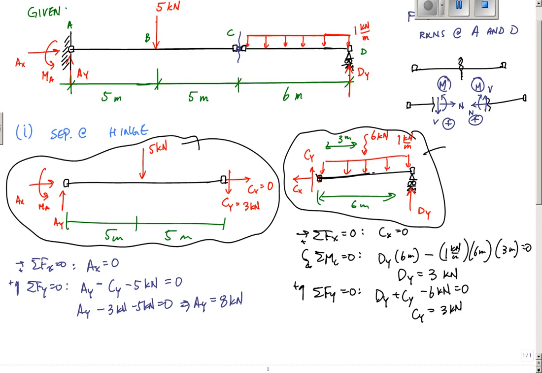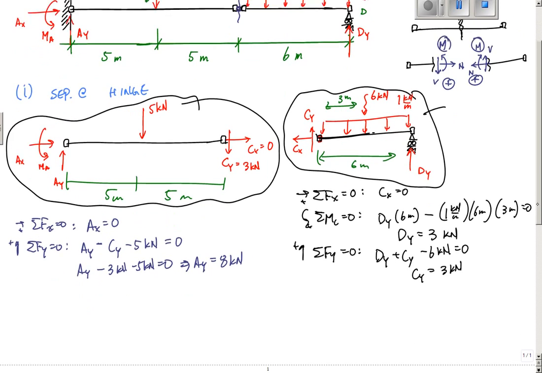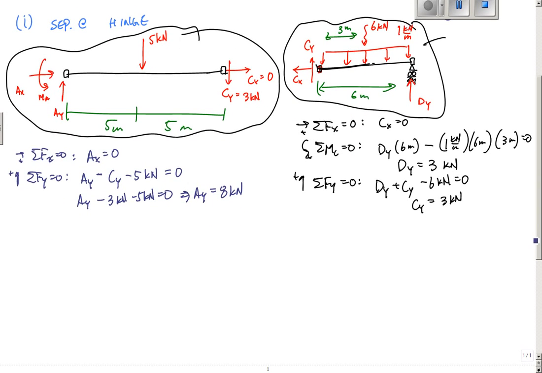If I want to find MA, the moment at A, I would take the sum of moments about point A, and I'll call counterclockwise positive, equal to 0.